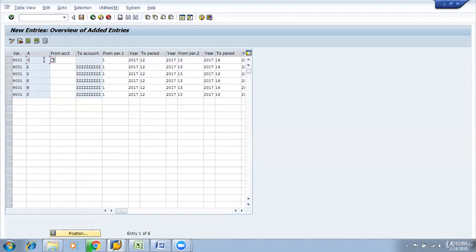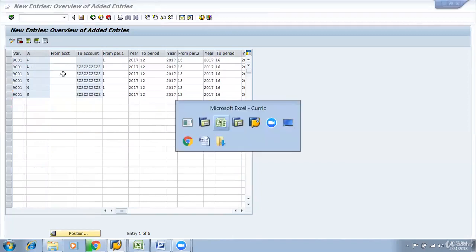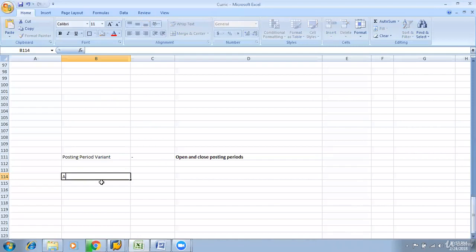Very, very important. A column stands for account type. This is a very important interview question, very frequently asked in interviews, either for experienced or freshers. What is an account type?